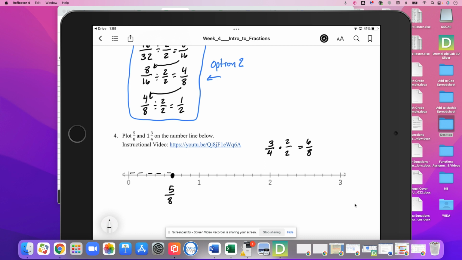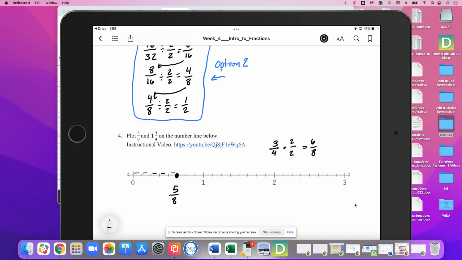So I get 6/8. So we're going to have 1 6/8. So we come all the way over to 1, and then 1, 2, 3, 4, 5, 6/8. That right there is 1 6/8, or 1 3/4. Those are the same thing.